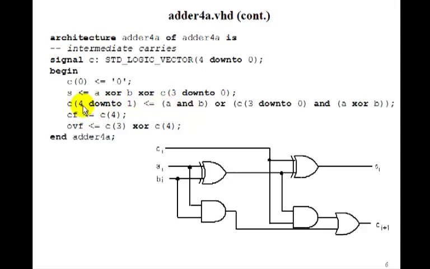So the first one would be C4 gets A3 and B3, or C3 ANDed with A3 exclusive OR with B3, and so forth all the way down to C1 gets A0 and B0, or C0 ANDed with A0 exclusive OR with B0. So again, this reduces to 4 equations. The carry flag is just C4, and the overflow flag, remember, is the C3 exclusive OR with C4.